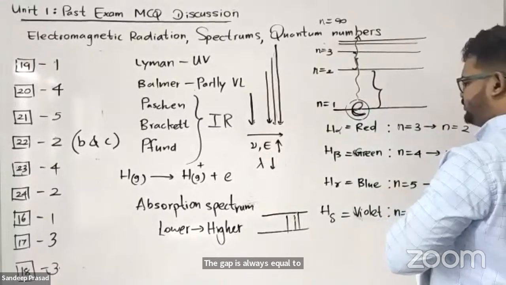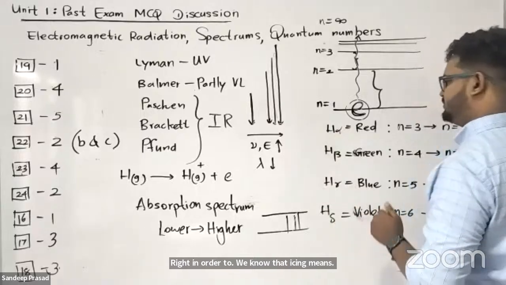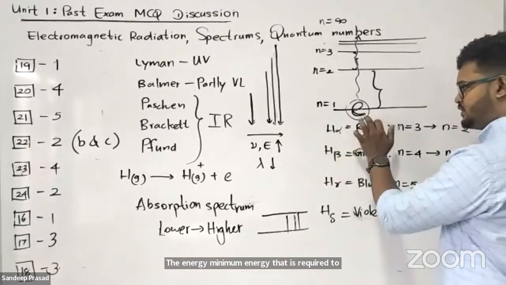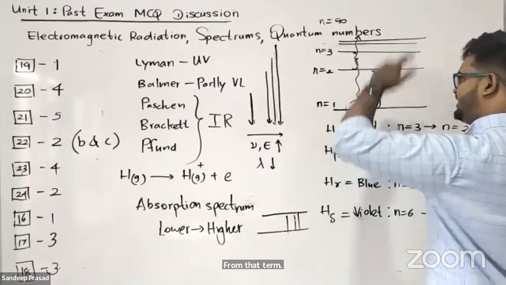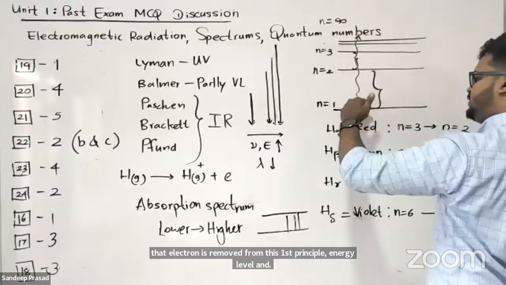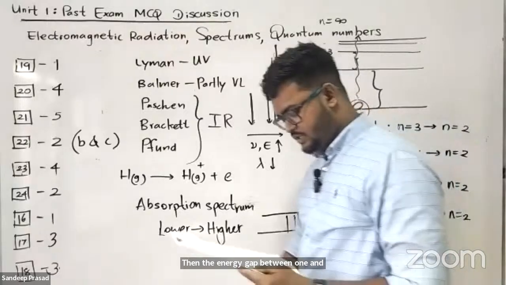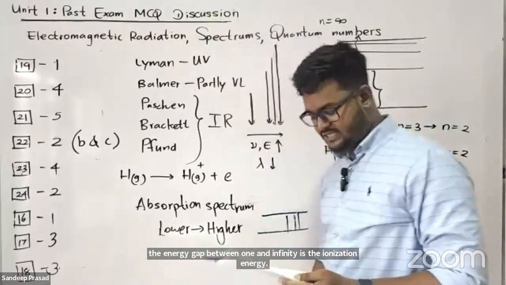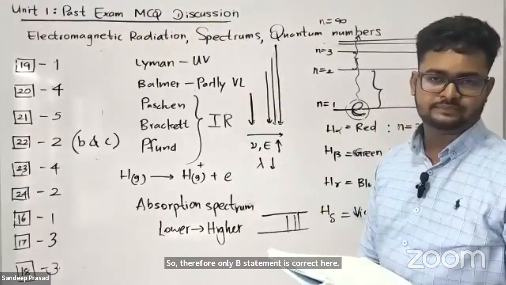We know that ionizing means the minimum energy that is required to remove the electrons from the atom. So that electron is removed from the first principal energy level and taken to the greatest energy level, n equal infinity. Then the energy gap between 1 and infinity is that ionization energy, right? Therefore only statement B is correct here, but they haven't given that kind of option.